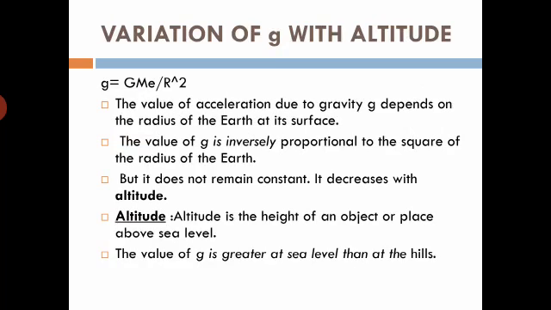So from Karachi to Murree, the g value does not remain constant, it varies. The value of g is greater at Karachi, but smaller at Murree, because Murree is at altitude, Murree lies on the mountain, but Karachi is at sea level, hence the value of g is greater at sea level than at the hills.